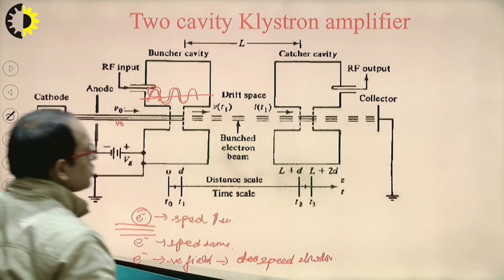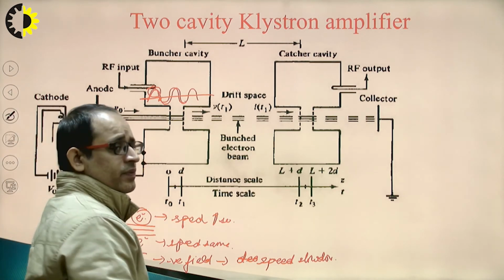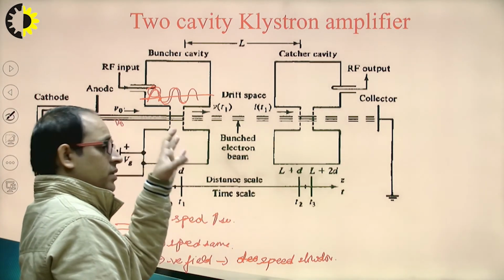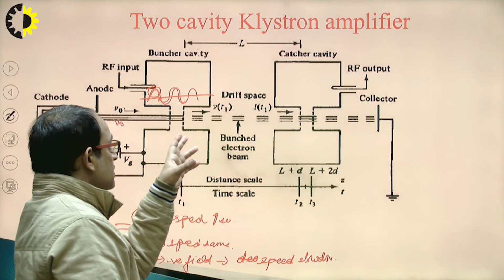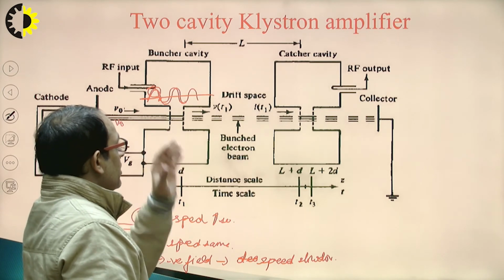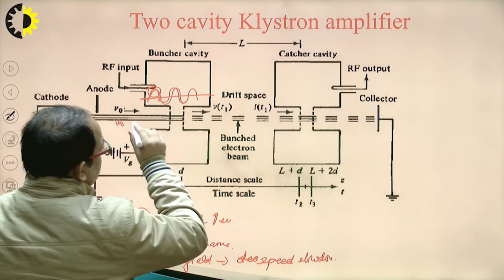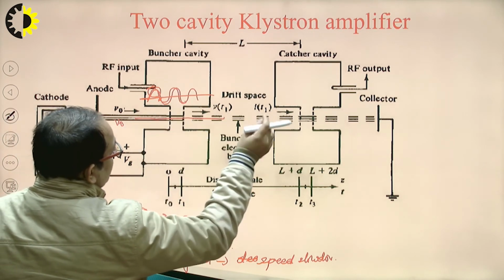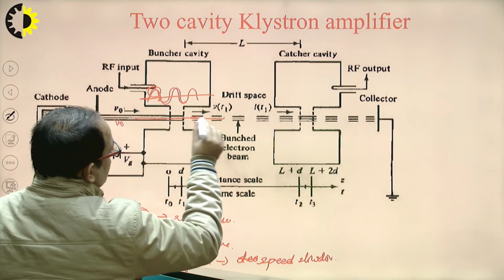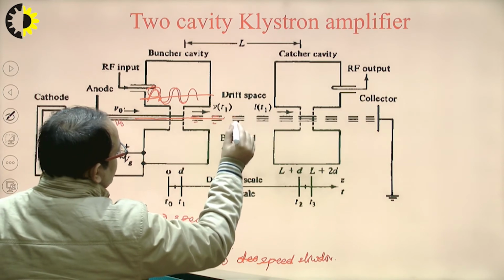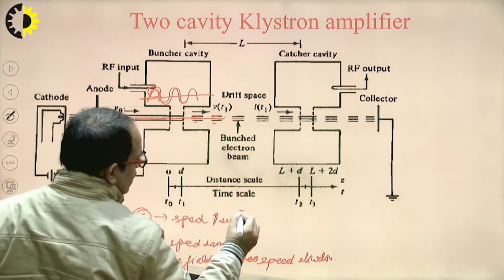So due to the variation of electron speed, some electrons speed up, some slow down, and some remain the same. At the end, when the electrons go to the catcher cavity, they become bunched, meaning the electrons move in bunches.